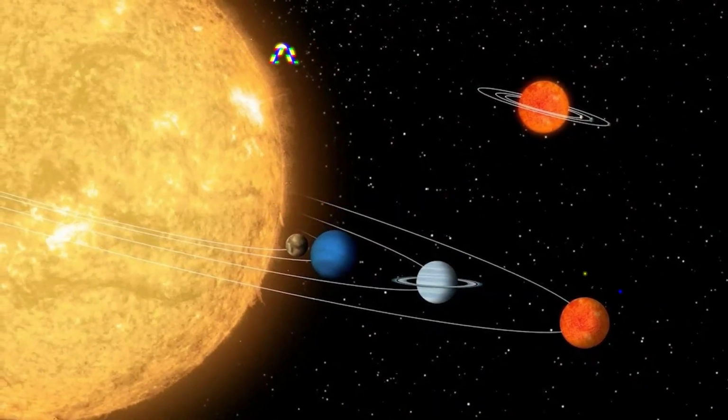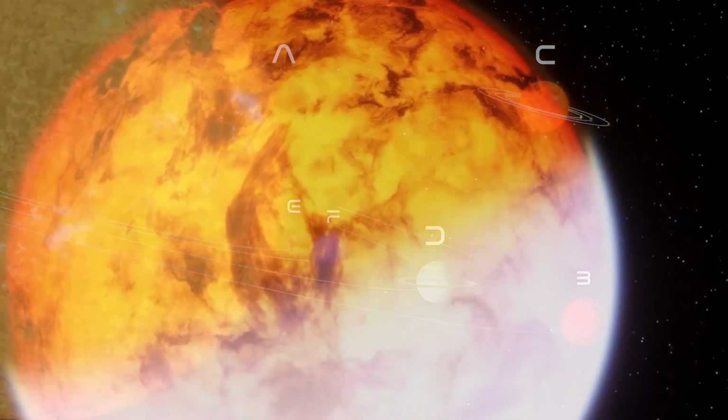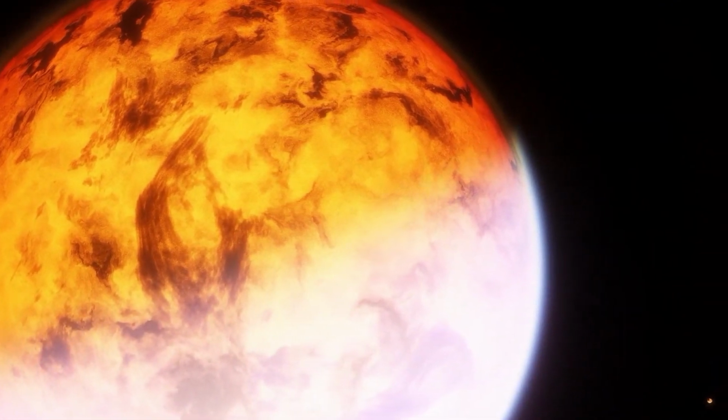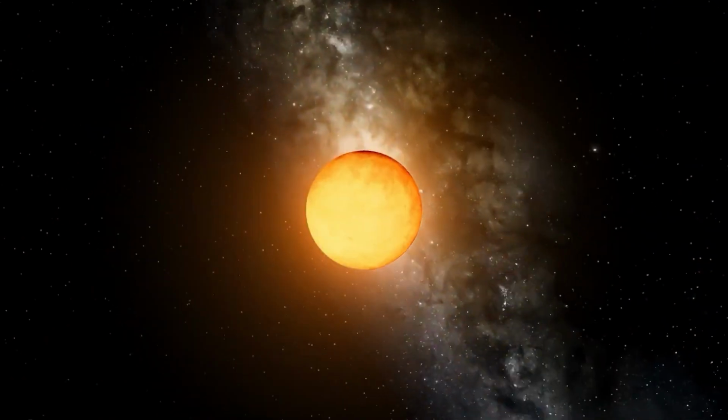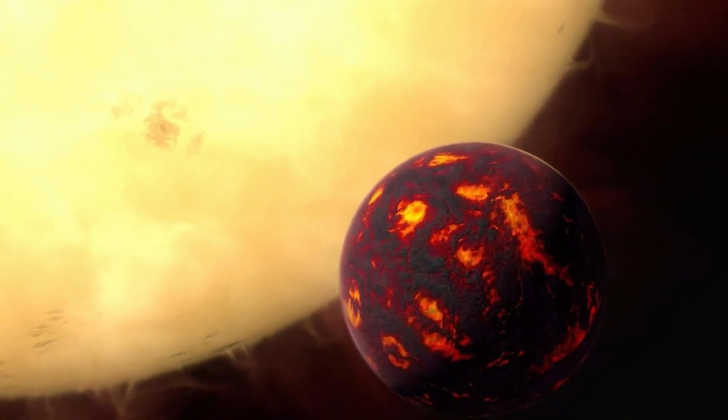It has 4 planets and 2 stars. 55 Cancri A and B are the stars. Then you have 55 Cancri C, D, E, and F. But the most famous planet alongside all this is 55 Cancri E, or the diamond planet. And the address is 41 light years away from us if you ever wanted to find some diamonds.